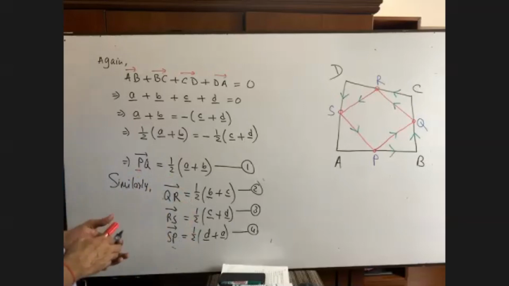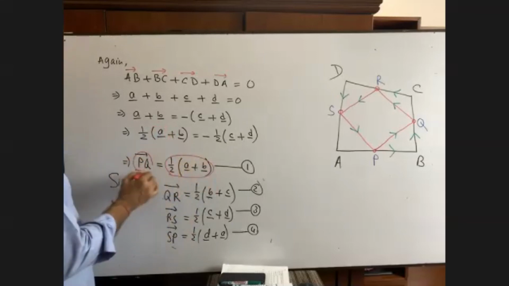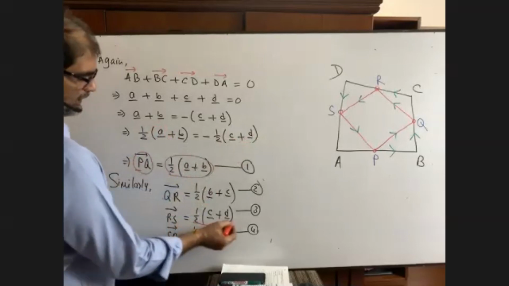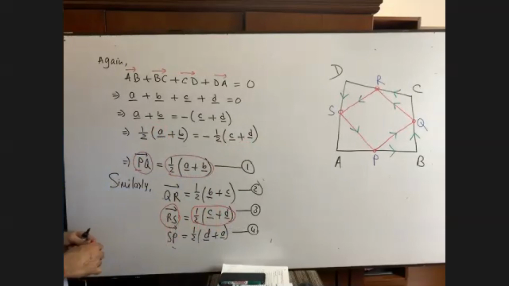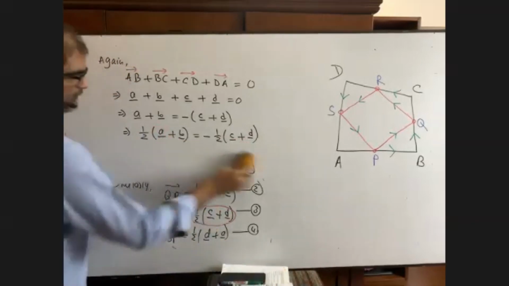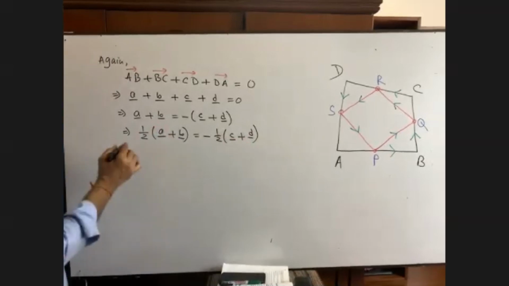Now please try to understand the left hand side. Half of AB plus BC is equal to PQ. Here half of CD plus DA is equal to RS. So I am getting PQ and RS. Please try to understand PQ and RS. So I can put the value here. It is equal to what? Let me know.